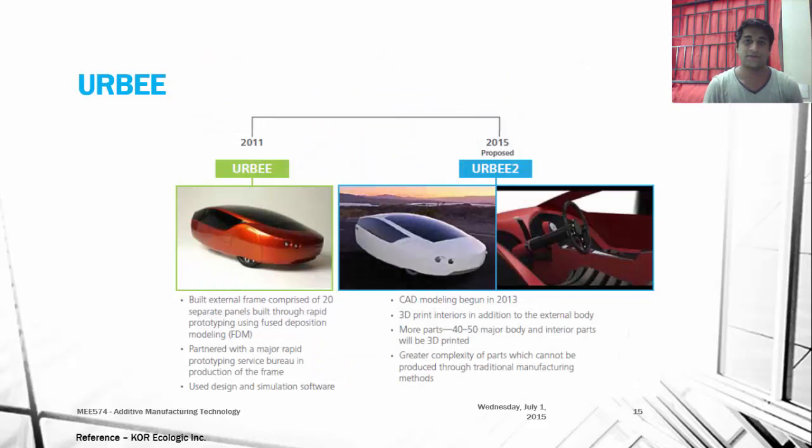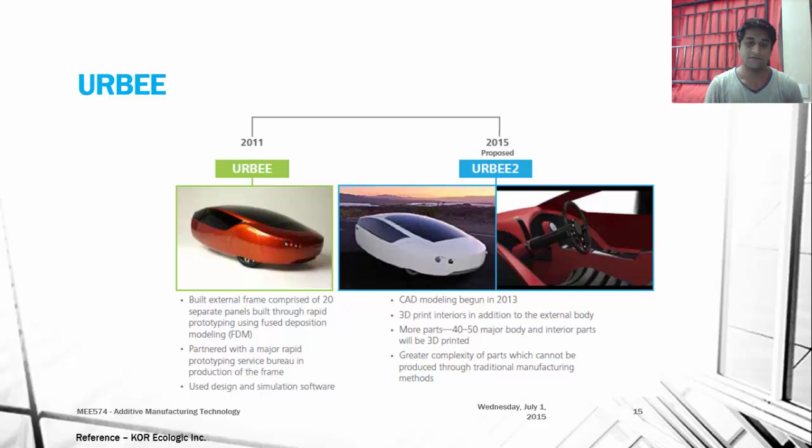So we'll go over some case studies. This is RB, which is a model automobile manufactured using RP methods. Most of the products are manufactured by RP methods, not 100%, but still we can say up to 60 to 70% of products. The first version of RB was introduced in 2011.